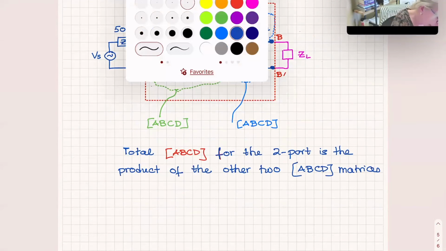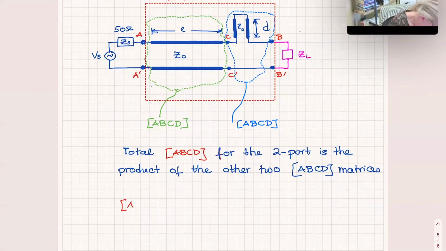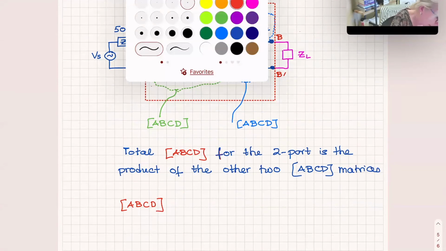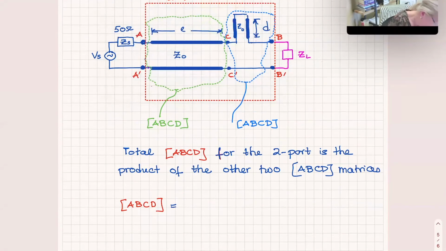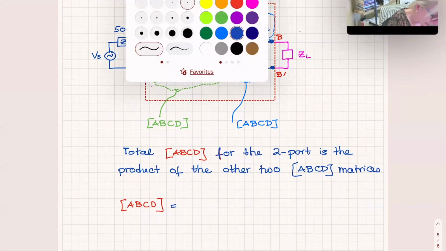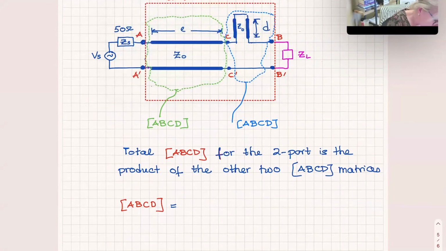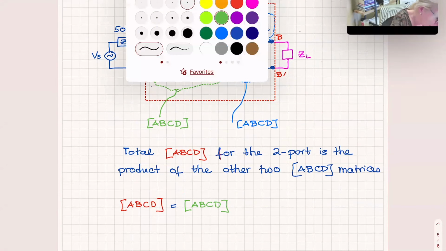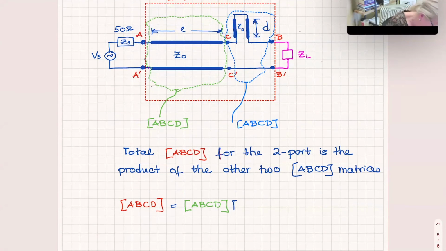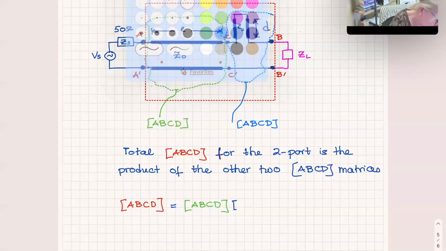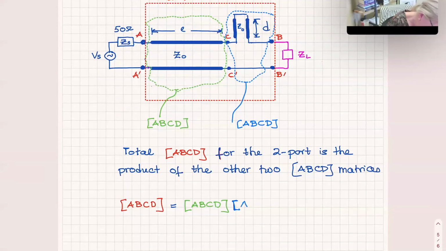So we're going to have that ABCD, the red, is going to be equal to the green, with the order from left to right, whatever is closest to the source goes first, ABCD, times the one next to it, which is this one, ABCD.